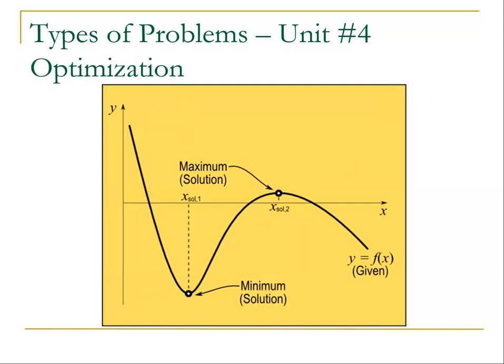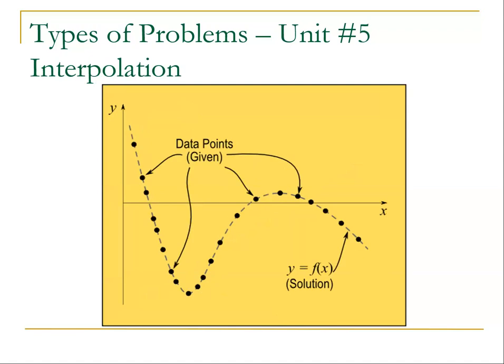Next type of problem or situation, we call it interpolation. Recall that I said that information can be given as functions, as equations, pardon me. And I said, but you could also have it given as sets of numerical information. If the numerical information is known, you can approximate the relationship. The dashed line represents the approximation of the relationship.